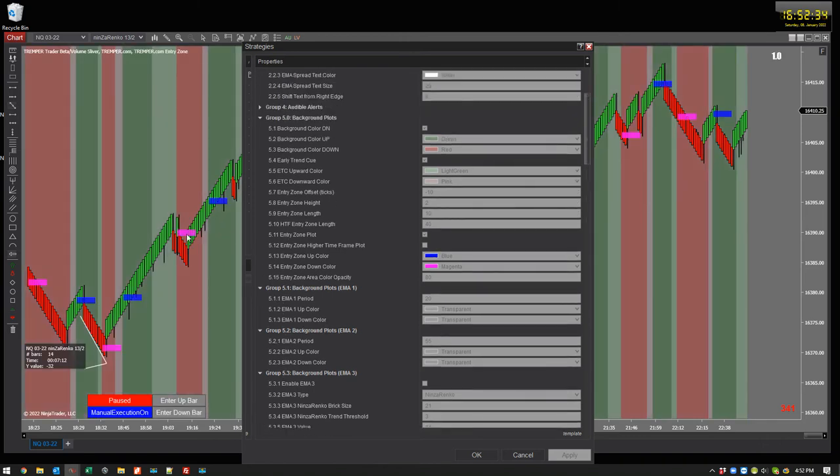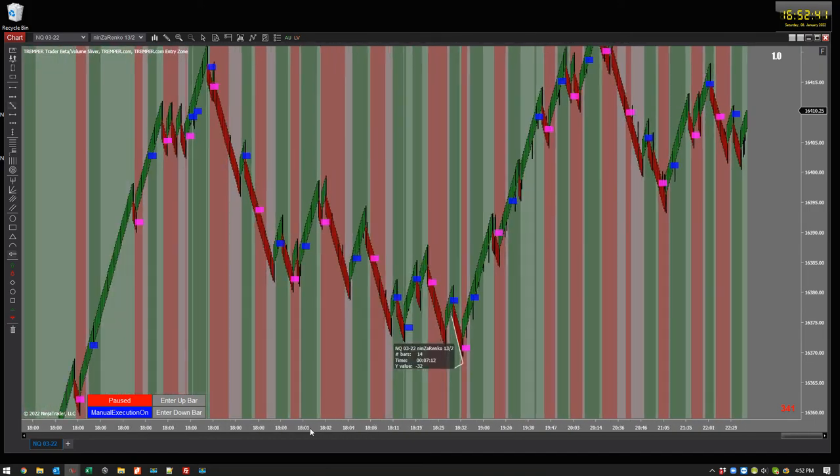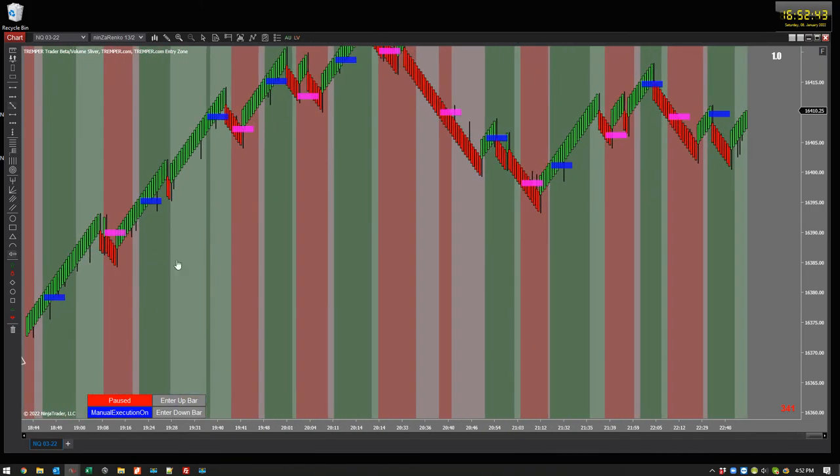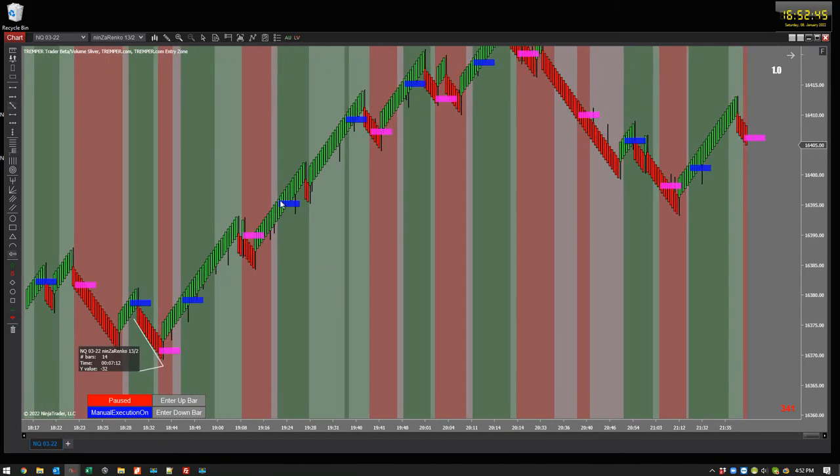Okay, so now you notice we moved the zone up a little bit. Let me close this. You could see where it qualifies right here on this bar. Okay, that's where it qualifies. So if you want the zone right at the spot where it qualifies, I'm at 10.